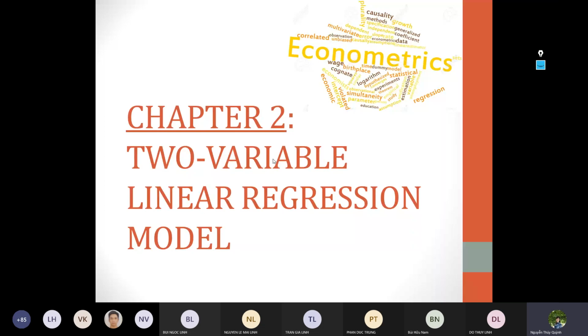That is what we usually do in natural science. But for non-experimental data, we do not intervene in the variables. We do not intervene in the situation. We just observe all the variables and collect the data.